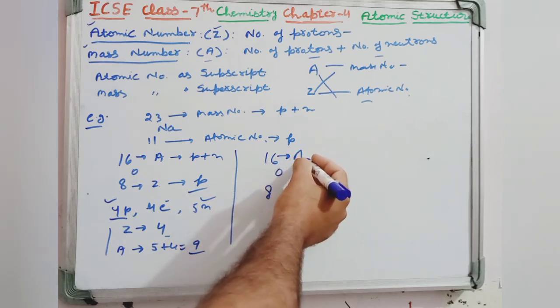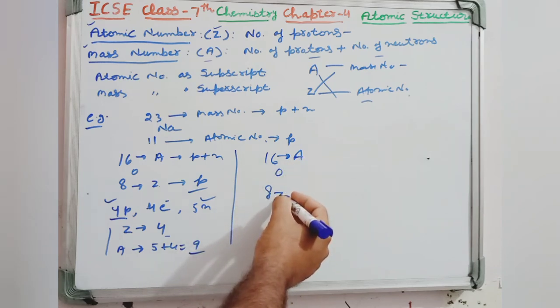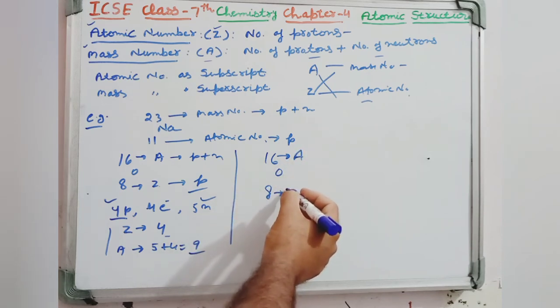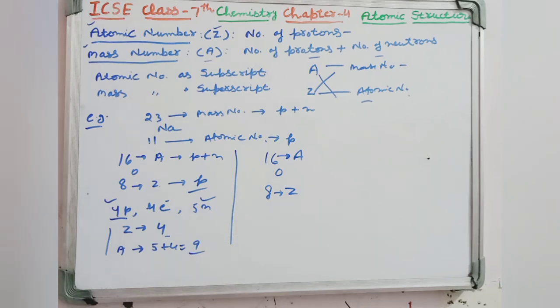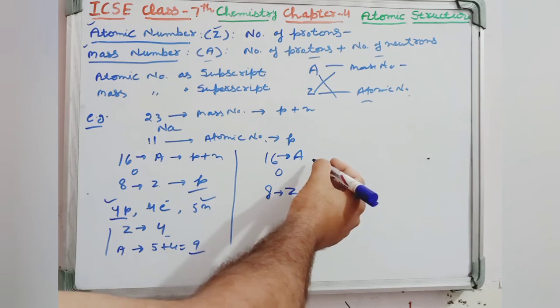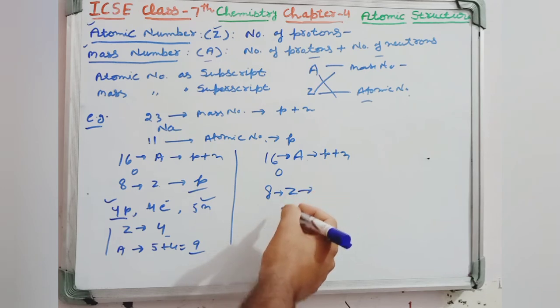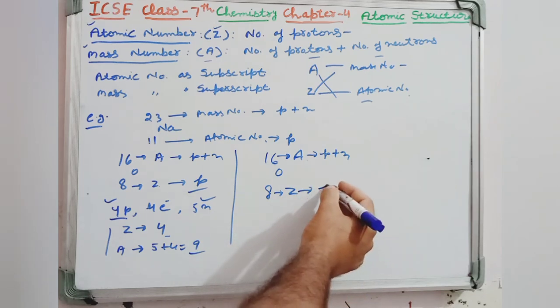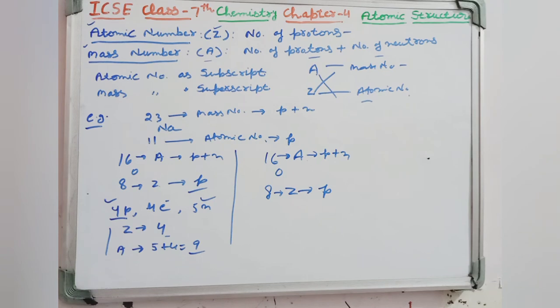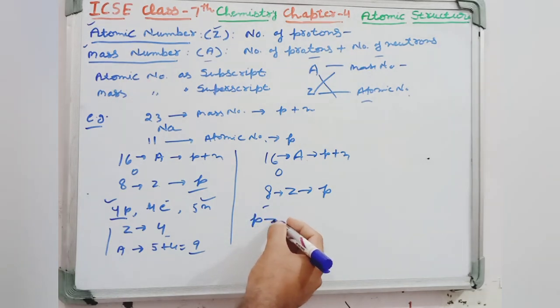This is the mass number and this is the atomic number Z. Mass number is the number of protons plus neutrons, and atomic number is the number of protons. So the protons are 8.